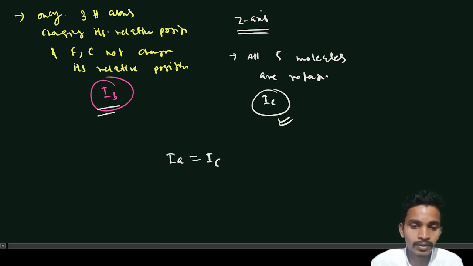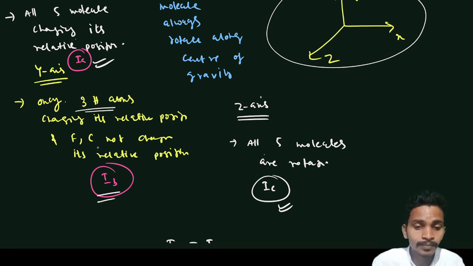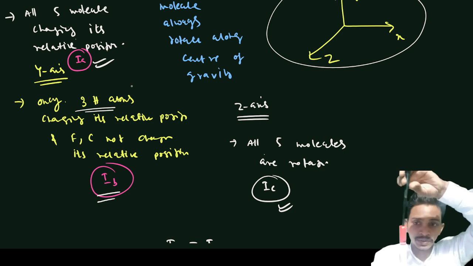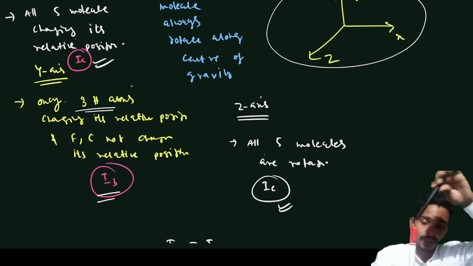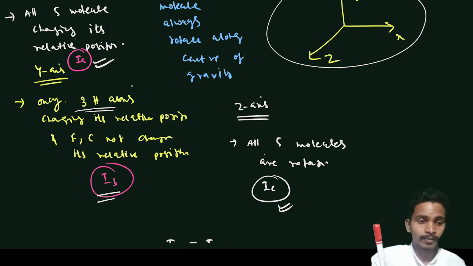Here the three hydrogen atoms are rotating, here all five are rotating, so these are the same, and this is not the same, because here only three hydrogens rotate. So I am applying less force, which means IB is less, because only three atoms are rotating along the y-axis.